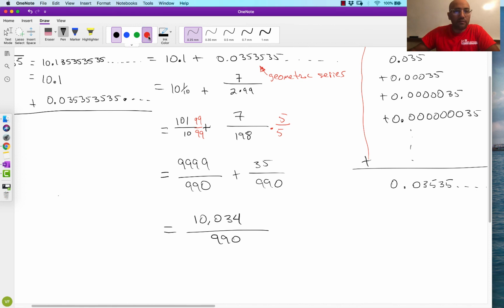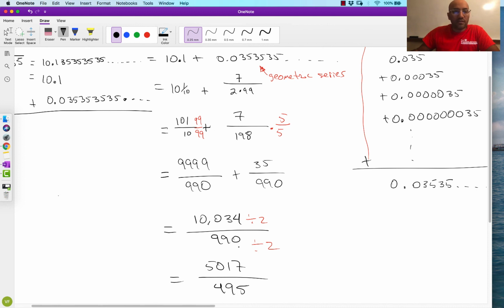So we can divide the numerator by 2, divide the denominator by 2, and we end up with 10,034 divided by 2, which is 5017, divided by 990 divided by 2, which gives you 495.